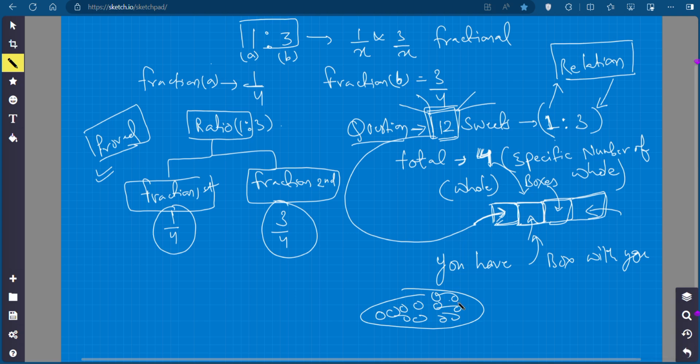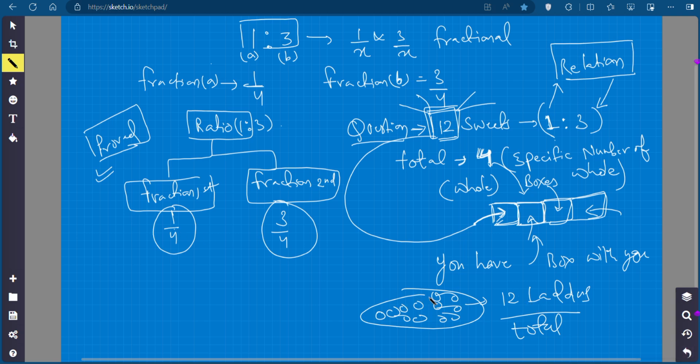How? Well, you have 12 laddus, which is nothing but the total, or see it in the form of a pizza. If this is a pizza, all I'm asking you to do is just divide. But in how many parts? Well, 4 parts, correct? But we will not divide. It's already divided. And it's not a pizza.